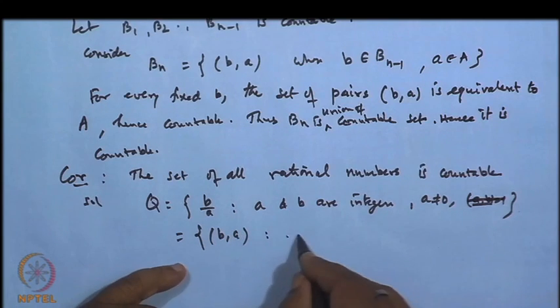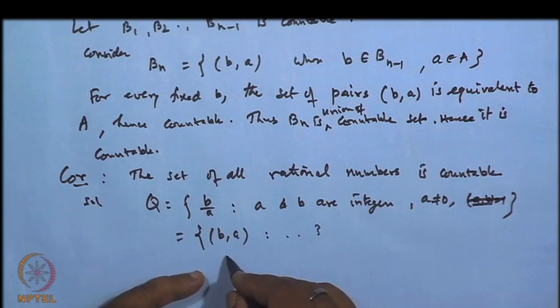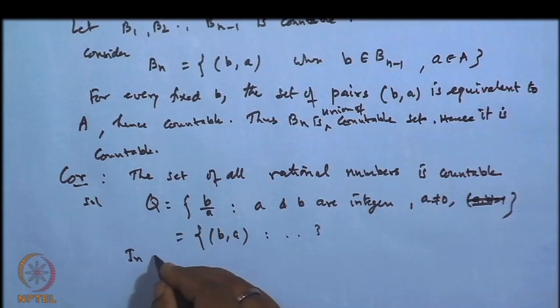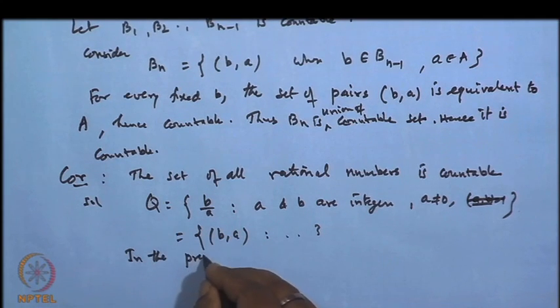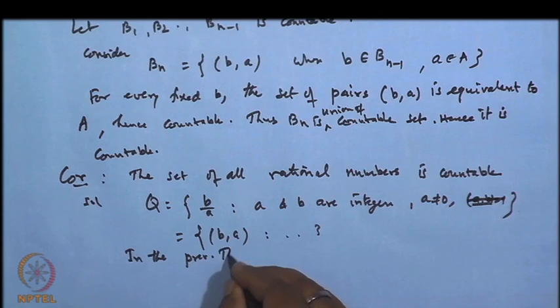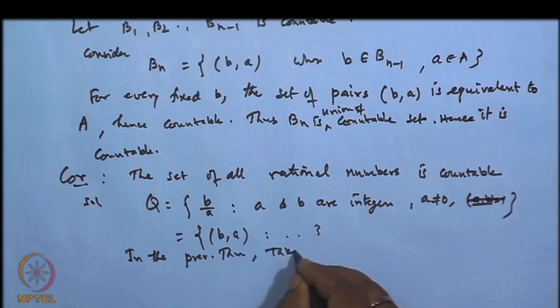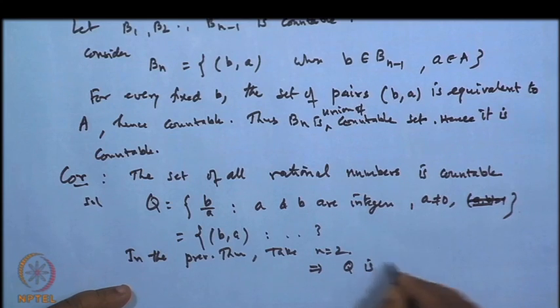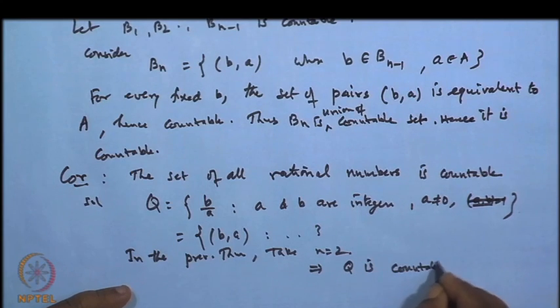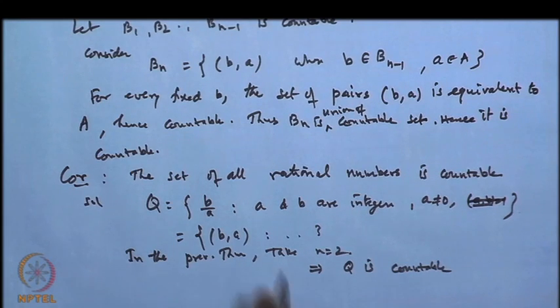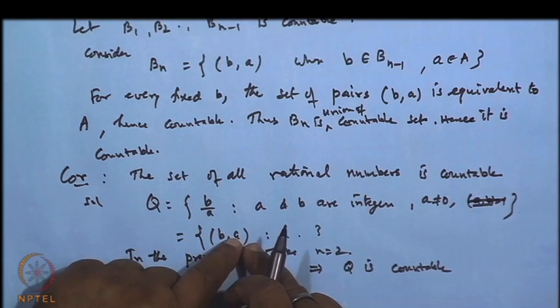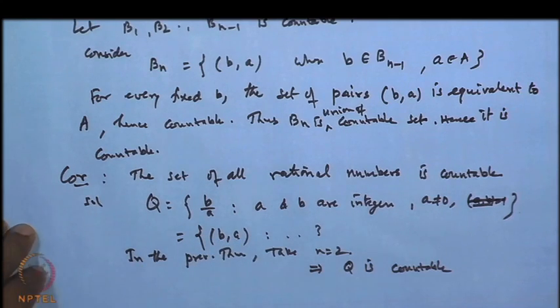So, basically it is a union of countable sets. In the previous theorem, if we take n equal to 2, then this shows that Q is countable, because B is in I, which is countable, and A is in I, which is also countable. Therefore, it is countable.